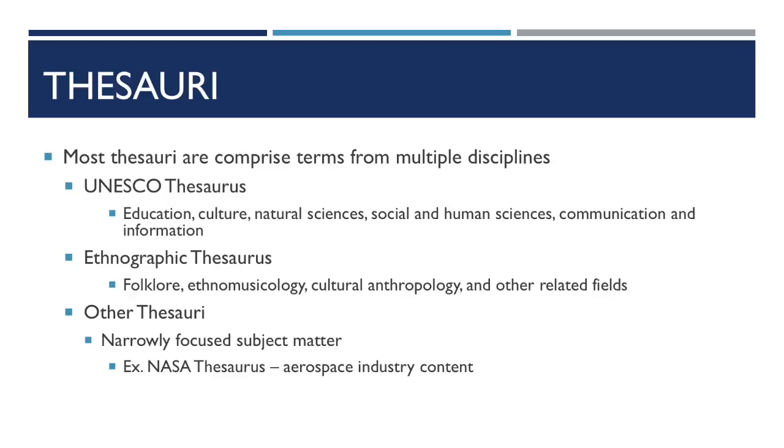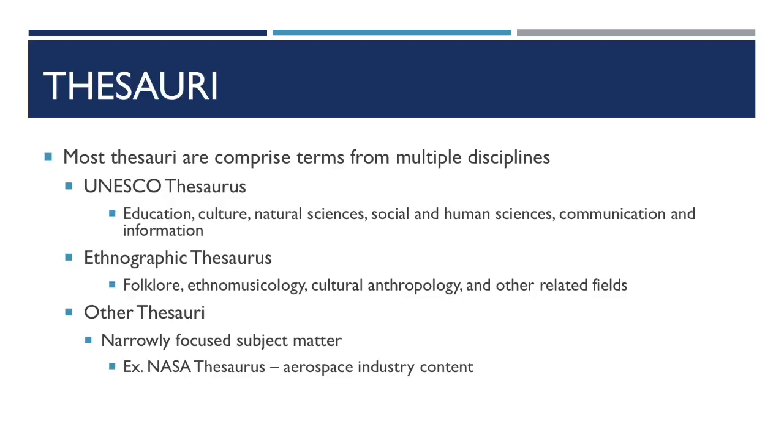And then they had another category of thesauri, but these were more narrowly focused thesauri. In the example, one of our texts gave us the thesaurus for NASA, and this thesaurus is very specific to the aerospace industry.